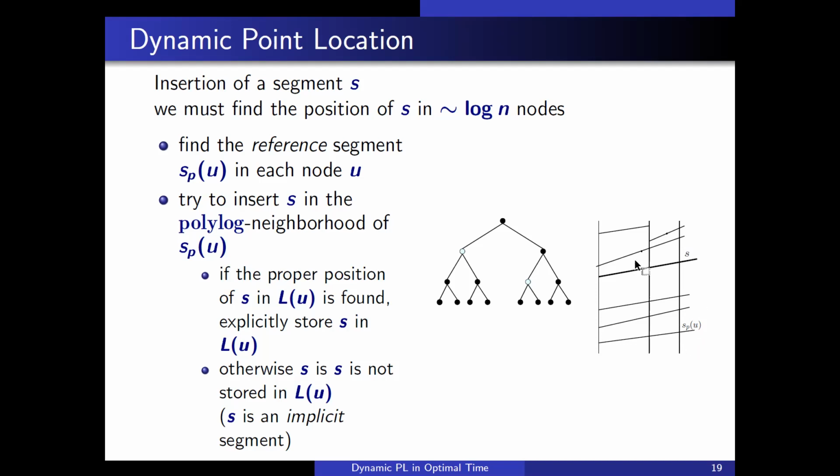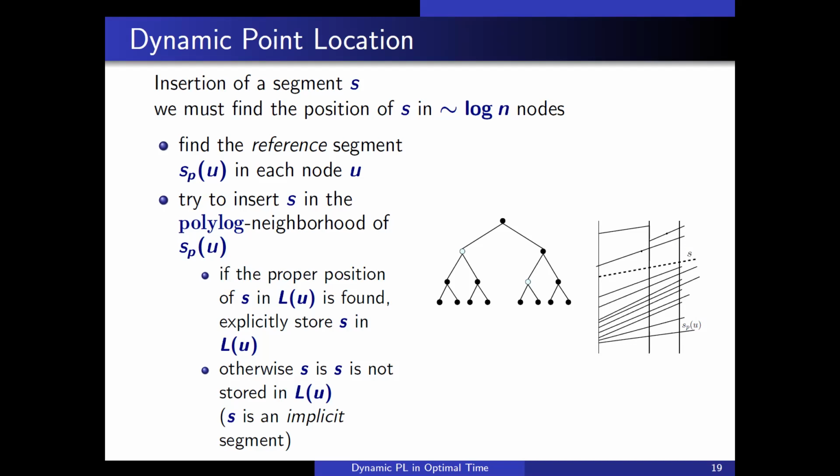So if S should be stored somewhere close to SP of U in polylog neighborhood, then I will find the proper position of S and insert it into the list of segments for this slab. And this can be done in log n time.